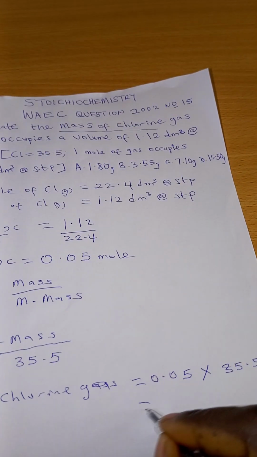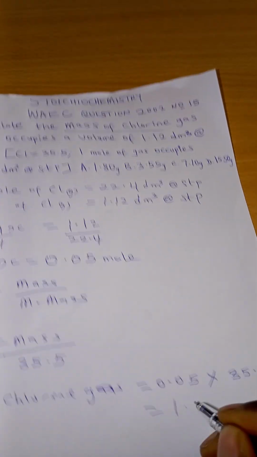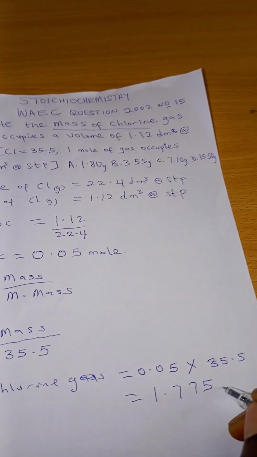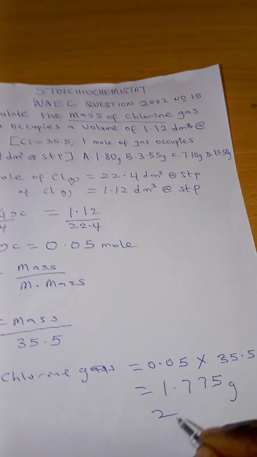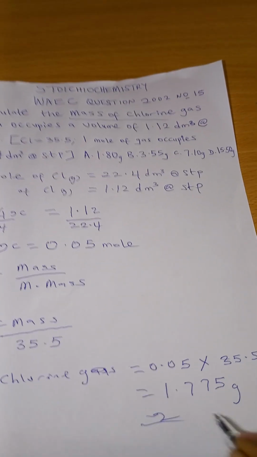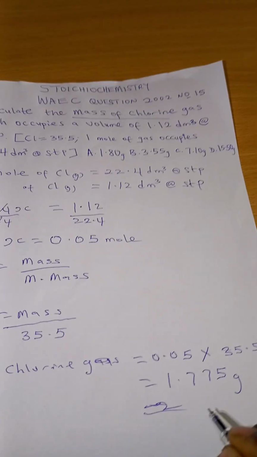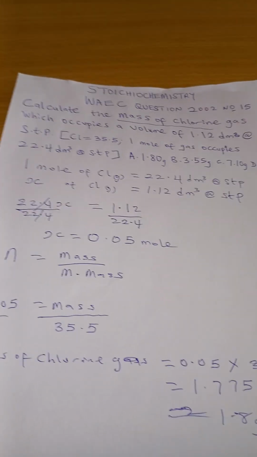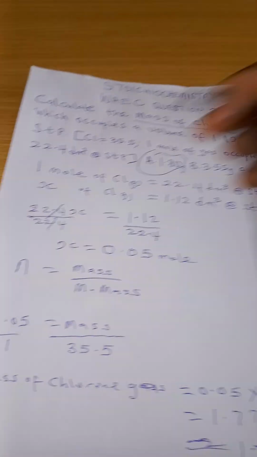So when you multiply, you are going to have 1.775, and mass is measured in grams. So approximately, if you approximate this, you have 1.8 grams. So option A is the answer.